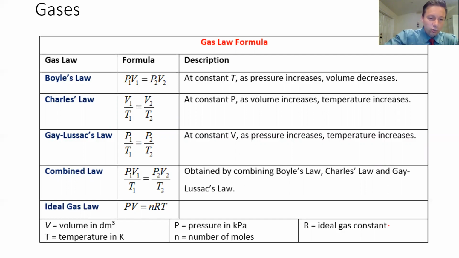When you come down here to our ideal gas law, if you look at your formula sheet, you are given the R value for atmospheres, kilopascals, and torr. So you could have it in any one of those three. Any of those three would work in solving.